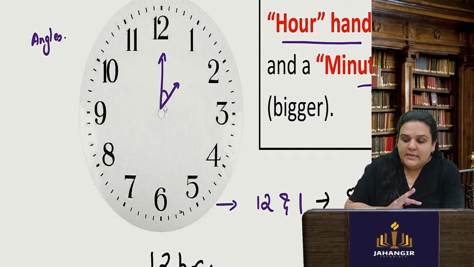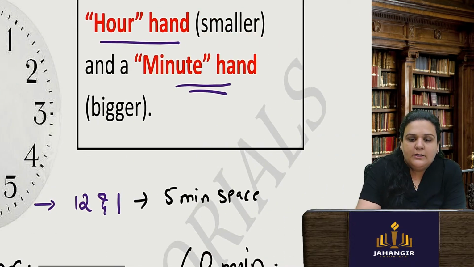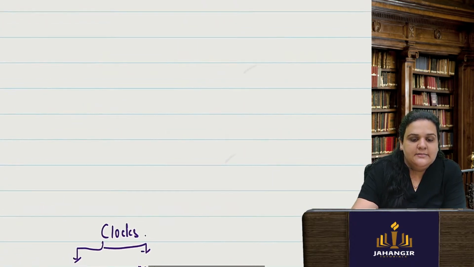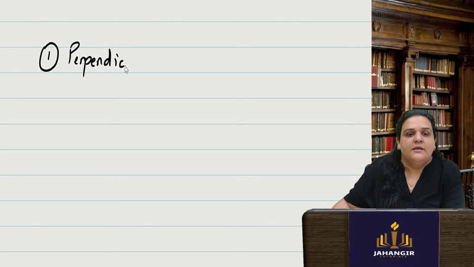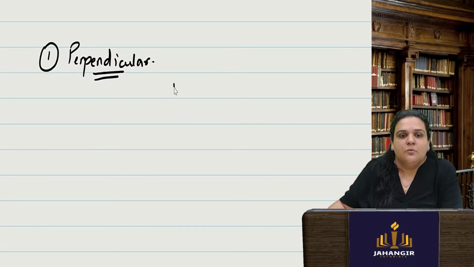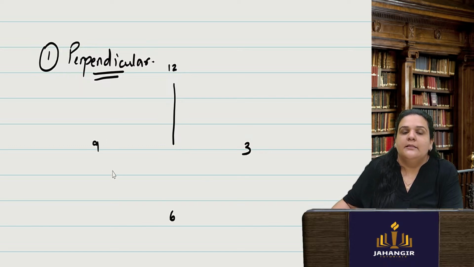Now there are three important types of angle. One is perpendicular. These three types only we have to understand. Perpendicular means what? Say this is 12, 3, 6 and 9 in the clock.